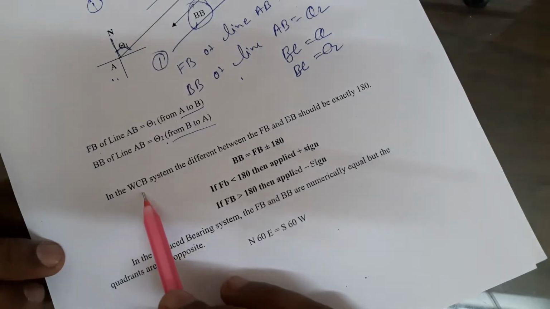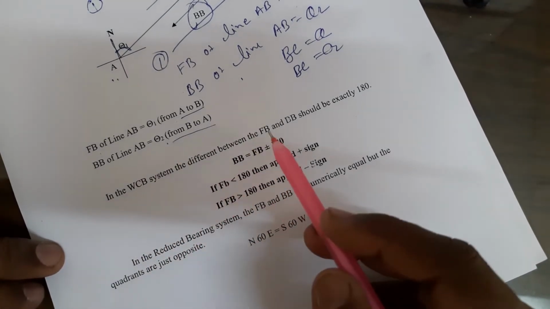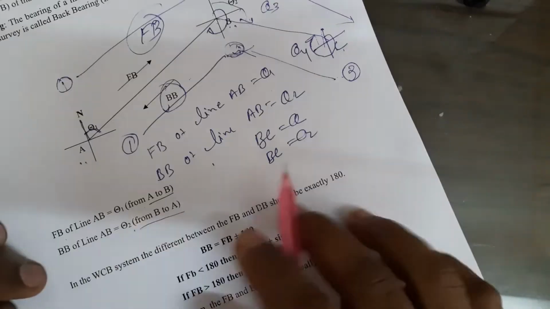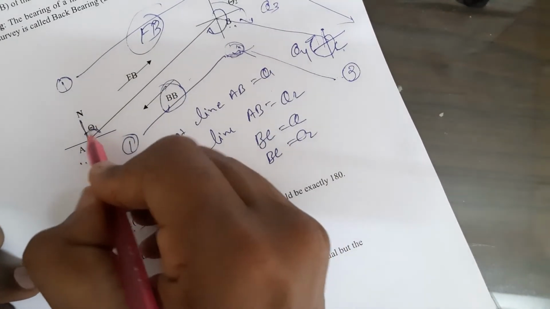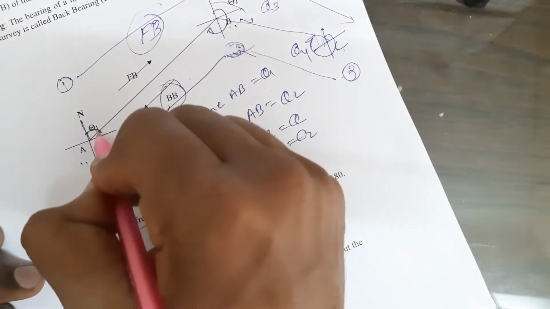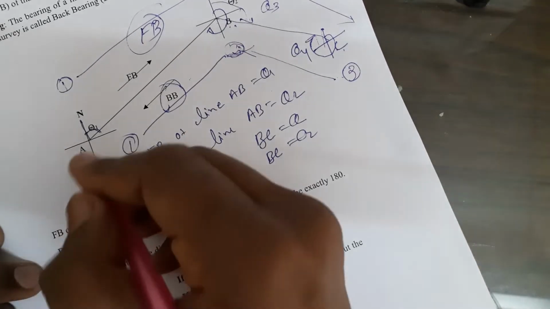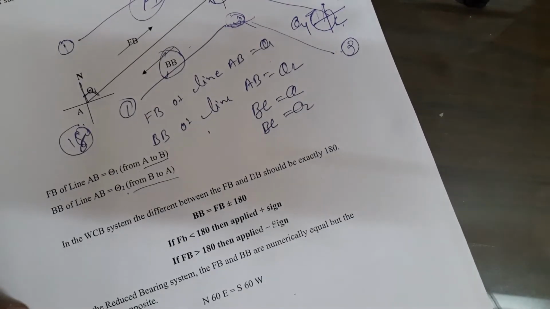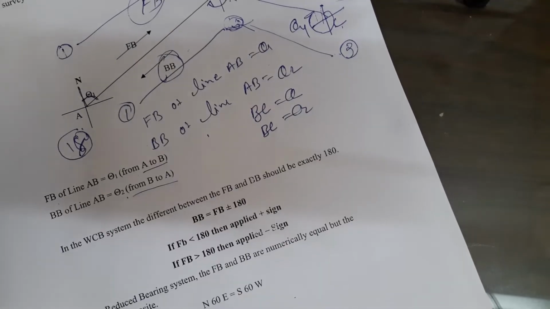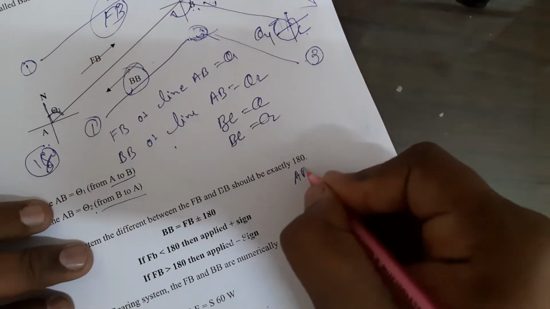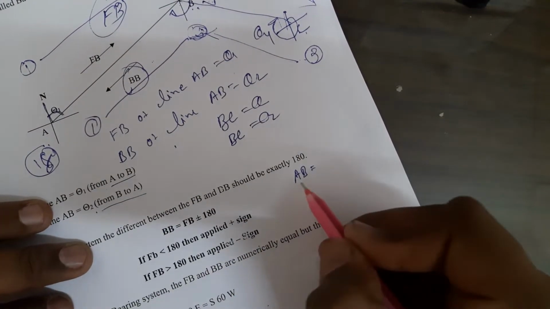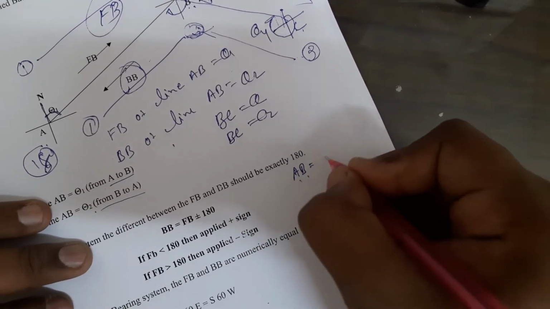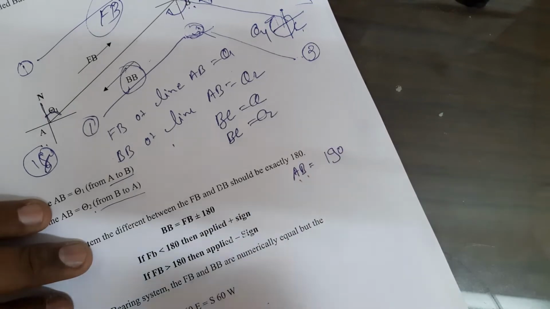Now, that is the difference between forward bearing and back bearing. In a whole circle bearing, the difference between forward bearing and back bearing should be exactly 180 degrees. For example, take the forward bearing of line AB as 190 degrees.